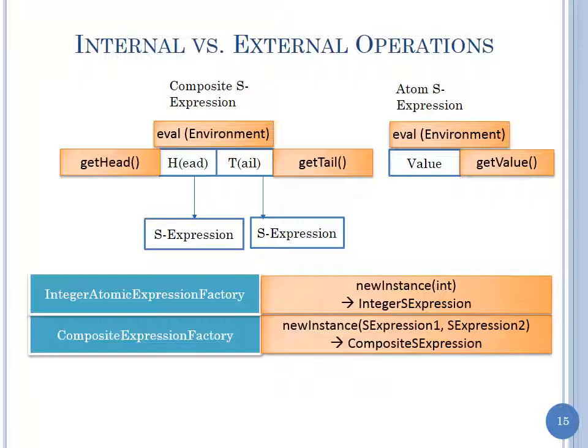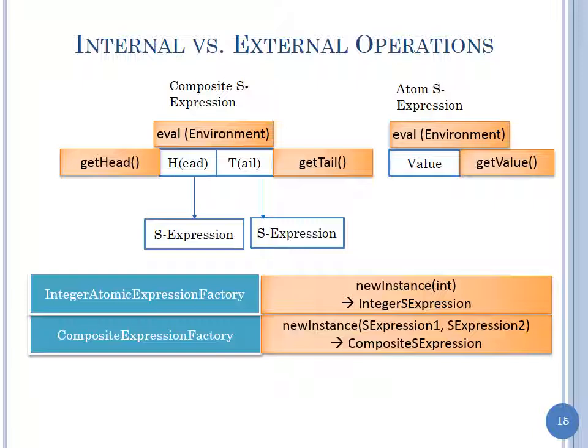So the question is, why do we call atoms and composite expressions S expressions, and why are lists and composites united? The answer has to do somewhat with the implementation. You see for atoms you have one slot, for lists and composites you have 2 slots, and you have some internal methods you can call on them.